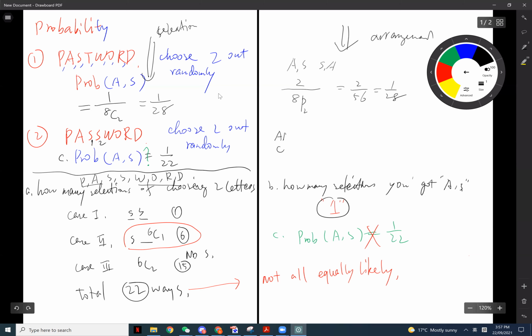Actual answer for C: 2S is just different. So denominator 8C2, you choose 2 letters out. But the numerator, A, you don't need to choose, just 1. The chance to choose S, you got 2, which is 1 over 14 now.